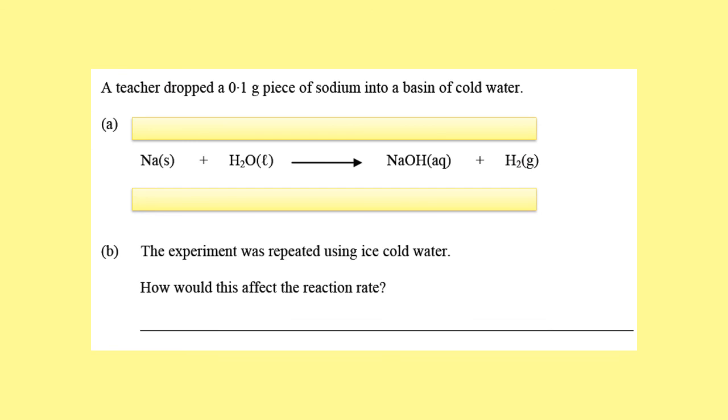It's asking you if instead of doing it in cold water, you did it in ice cold water, what would happen to the rate of reaction? Well, the answer to that one is the rate would decrease because you've decreased the temperature from cold to ice cold, and if temperature is decreased, rate decreases.